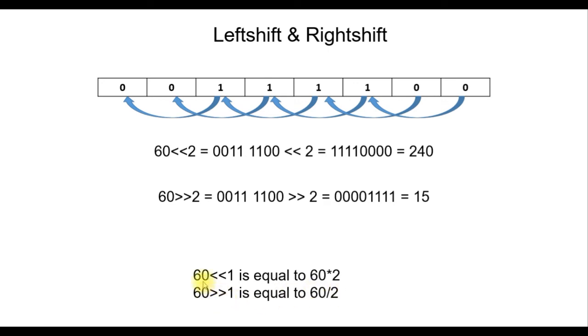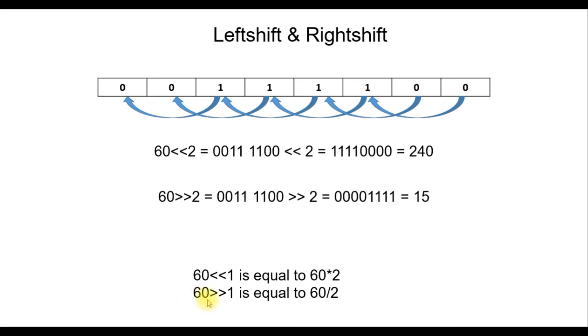So if we have 60 left shift 1, it is equal to 60 into 2. Since we have 60 left shift 2 here, we get 240, 60 into 4. So 60 into 2 and left shift once again, 120 into 2 gives us 240.